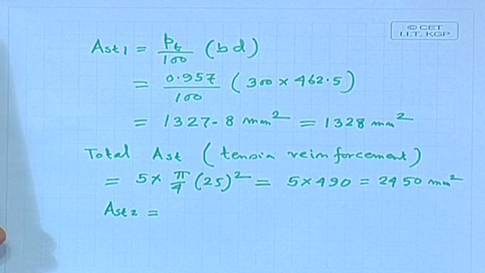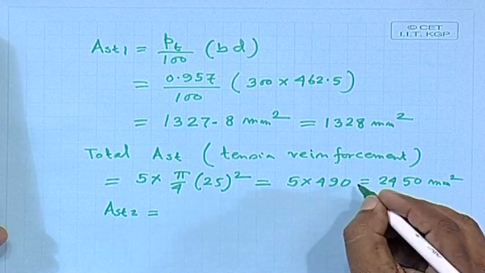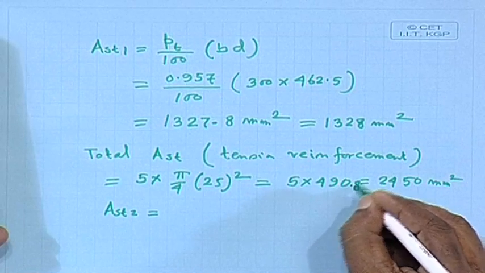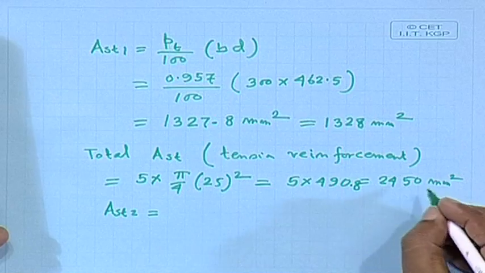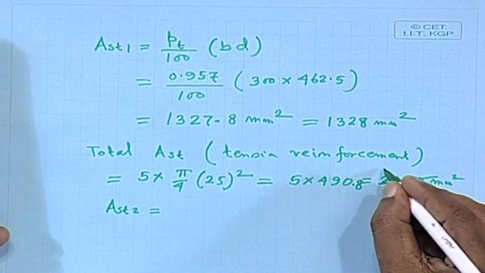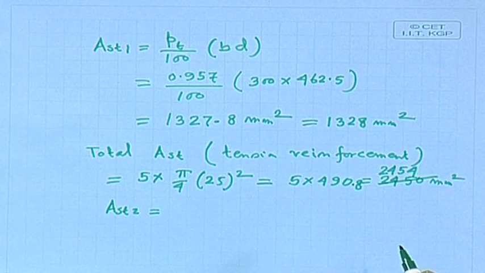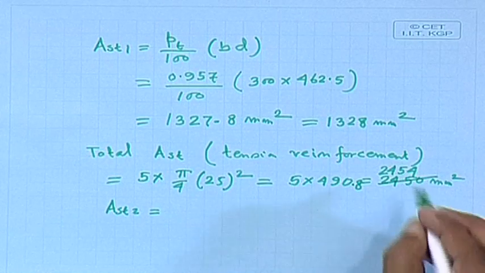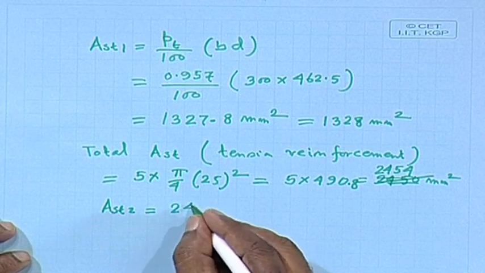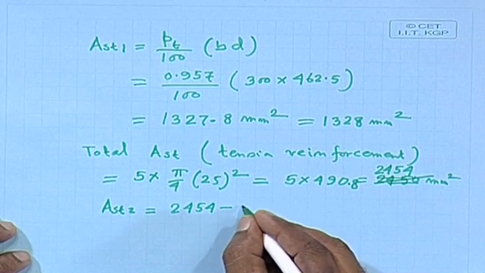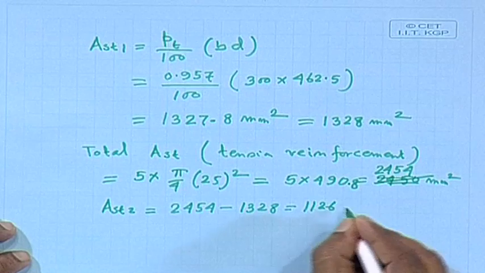So, 490.8 into 5, which is coming as 2454. Let us write down as 2454. AST2 equal to 2454 minus 1328 equal to 1126.